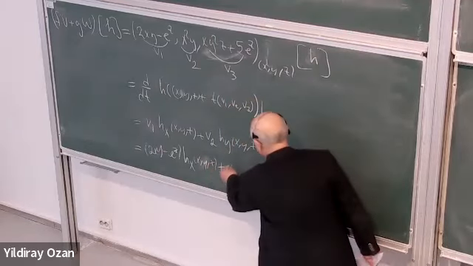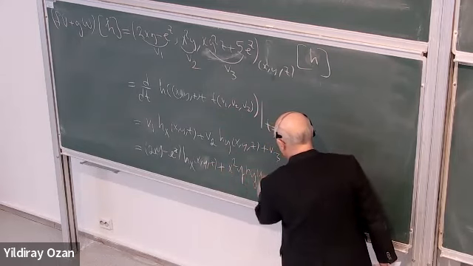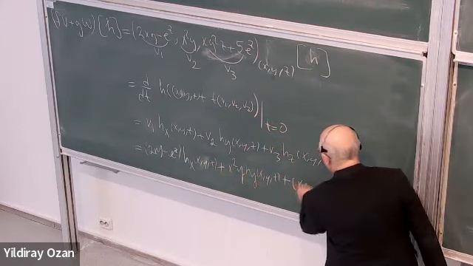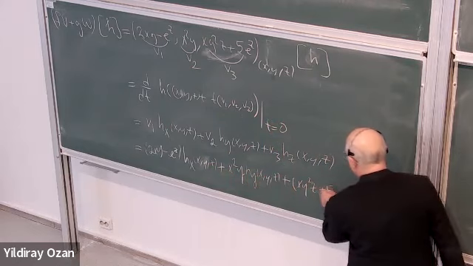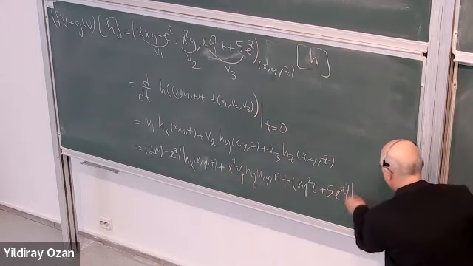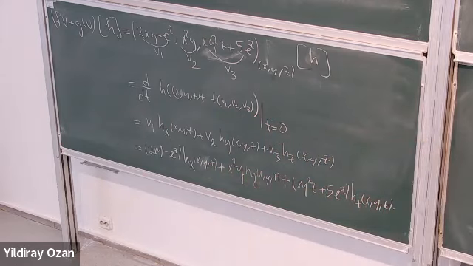And then v2, x squared y times h sub y at x, y, z, plus x y squared z plus 5 times e to the power z times h sub z at x, y, z. Okay.